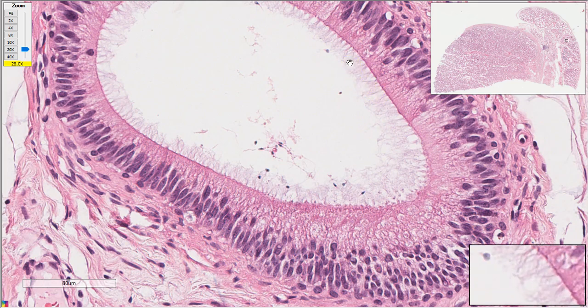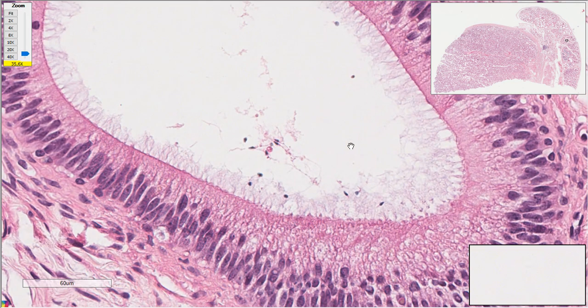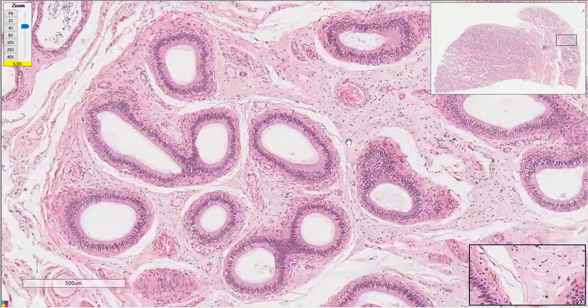They function to increase the surface area and store mature sperm. So they absorb excess fluid within the epididymal tubule. Okay, so that's about the epididymis.